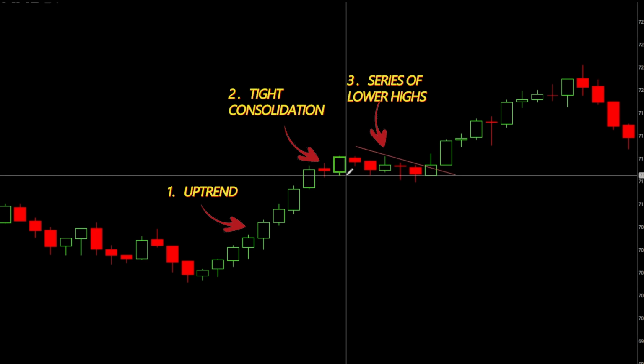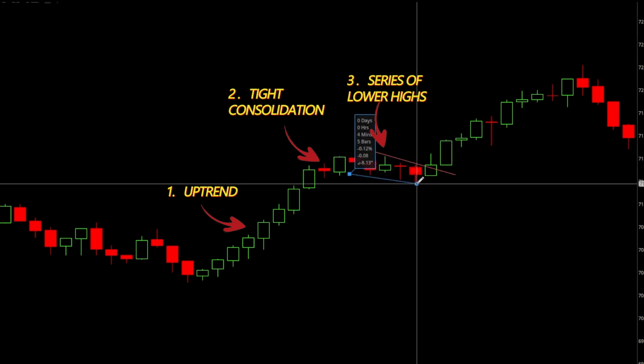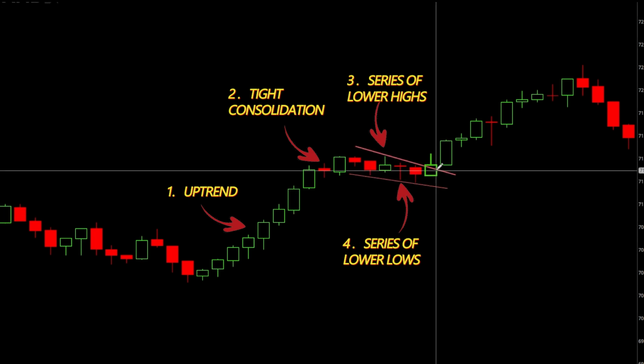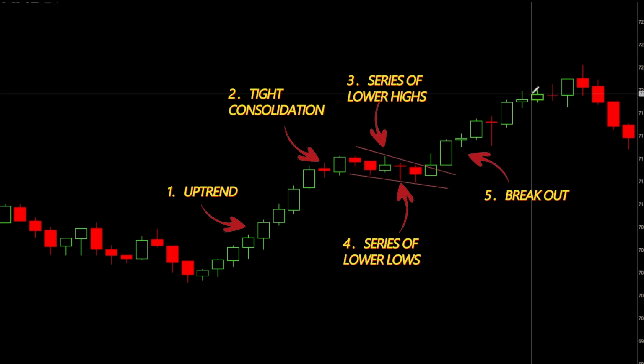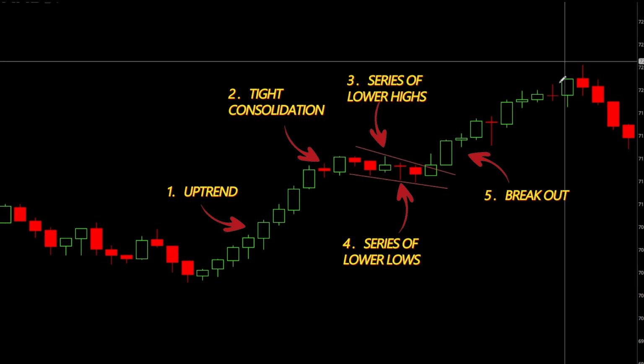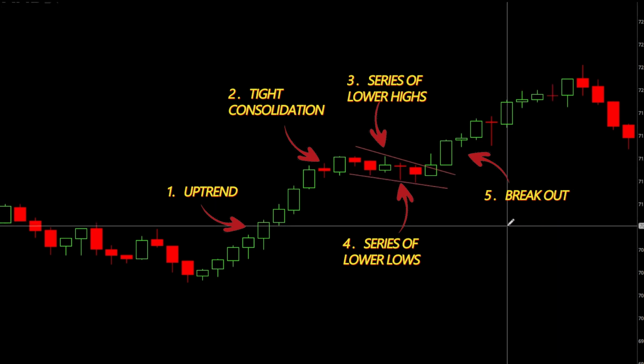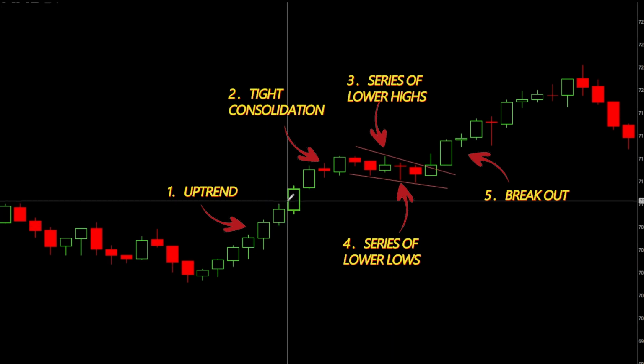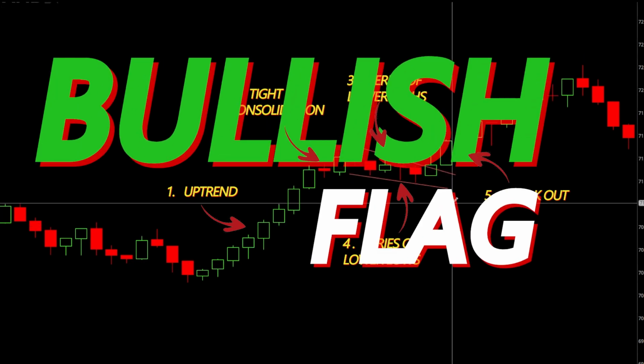Component number 3. Series of lower lows. Component number 4. And then eventually we get the breakout for the continued move to the upside. All right, guys, so that is a nice example of a bullish flag.